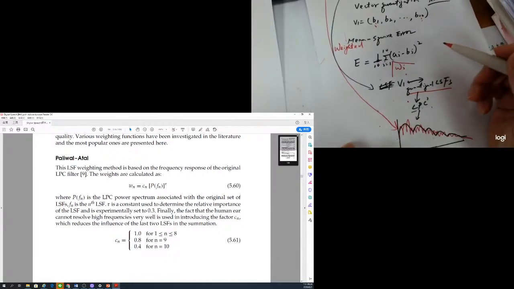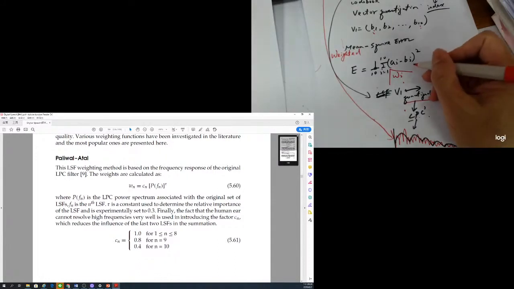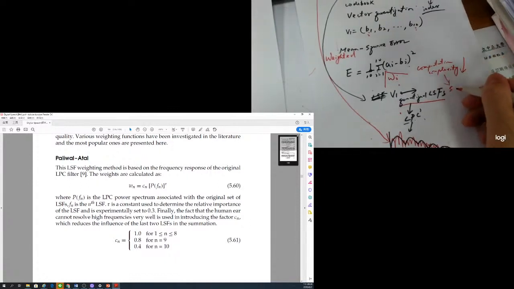If we consider minimal computation complexity and use this approach, your computation complexity will be lower compared with the spectrum distortion calculation.